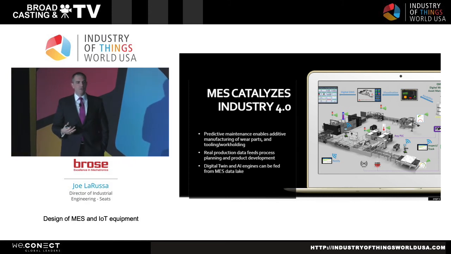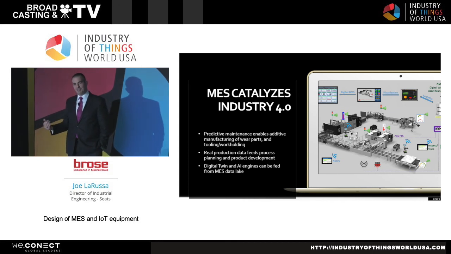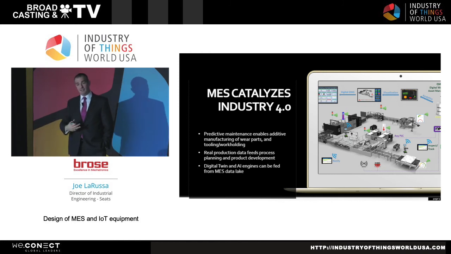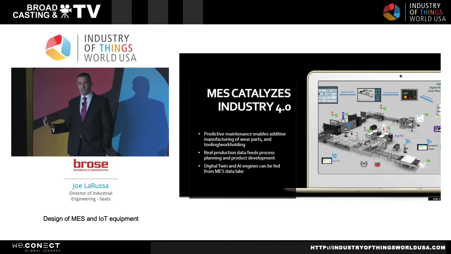But if I know what those wear and tear parts are, and I have tracking on the MES about how many cycles are on them, or how much wear and tear I've absorbed, or if I have wear features that can be recognized by a vision system that feed the MES, I can manufacture those on demand, or I can send work orders to the machine shop if it's internal, or external if I have to write a PO and get the machine shop running. I can fabricate those details on demand.